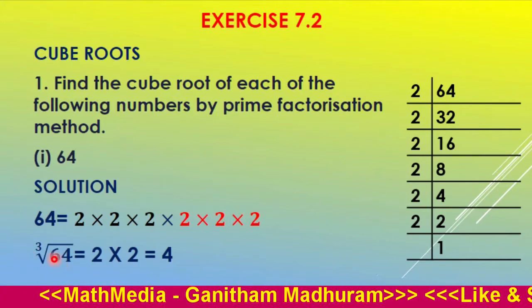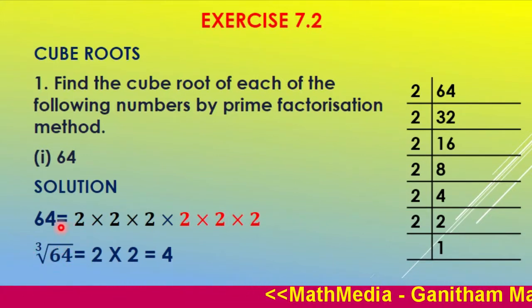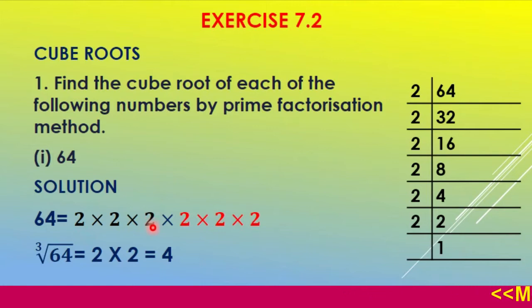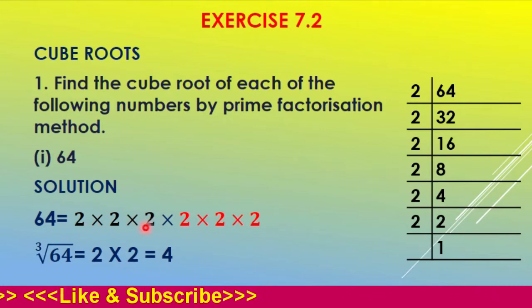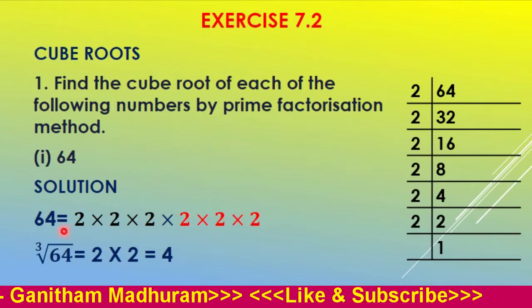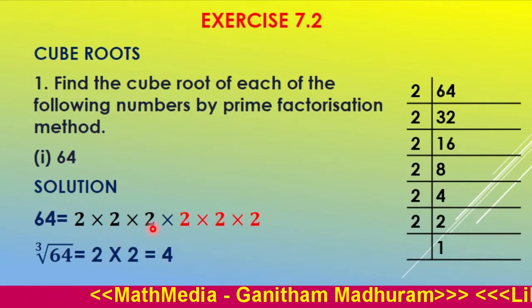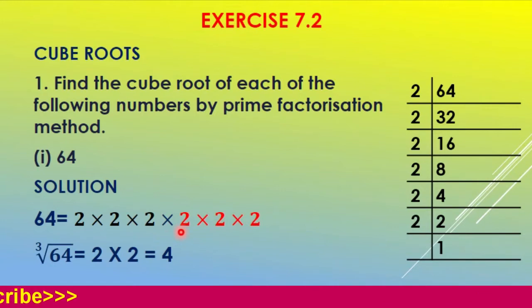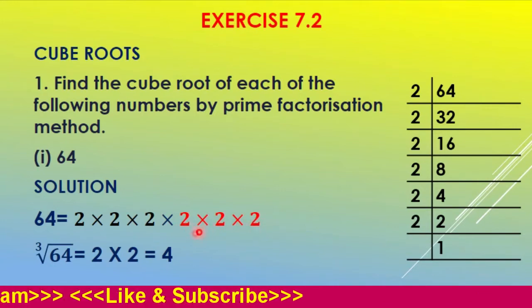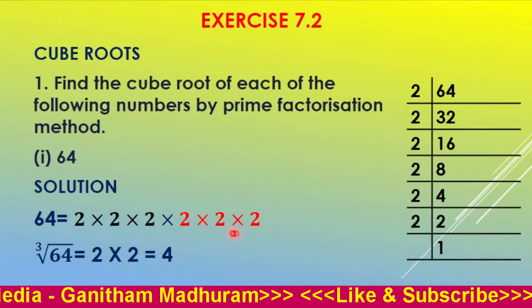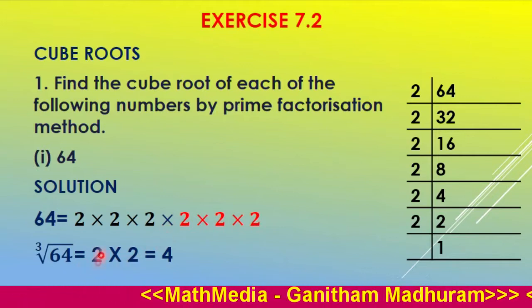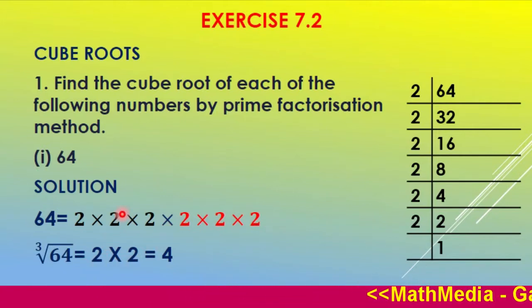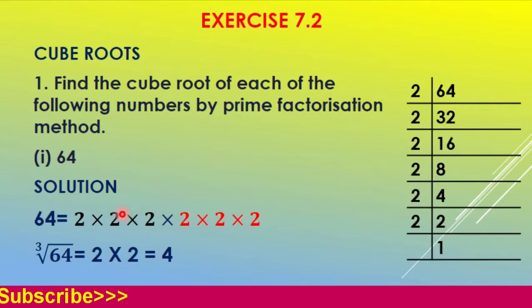Cube root means we are making a group of 3. So I am getting a group of 3 twos, and another group of 3 twos. So I am getting 2 groups of number 2.